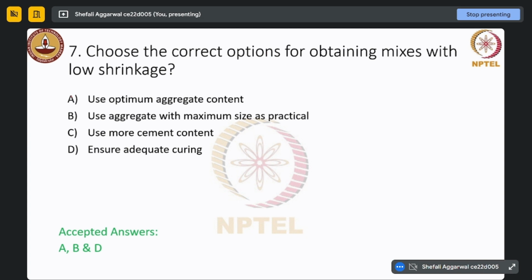If you have any question that you feel is wrong, then you can mail me. If you feel some option is incorrect but it's marked as correct, then you can mail us. I think in assignment 4, one question had that issue. Somebody mailed us. First question itself, right? Yes, ma'am. So I have mailed them. I think they will solve this issue.